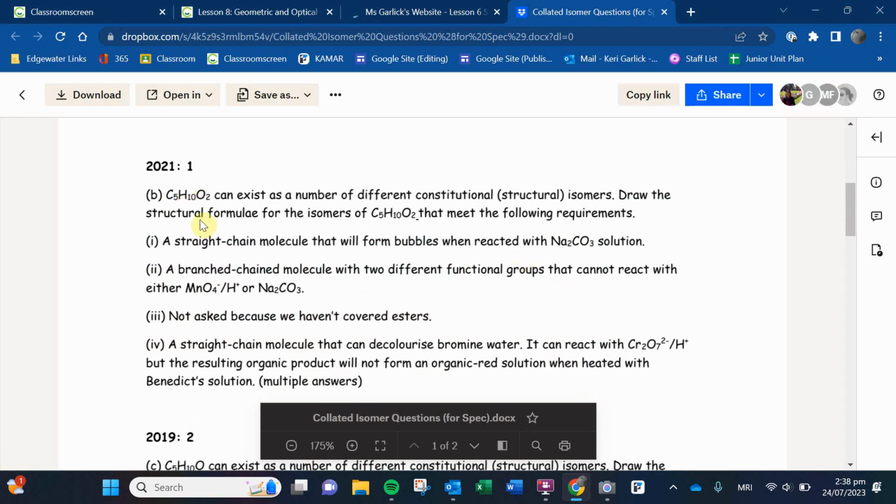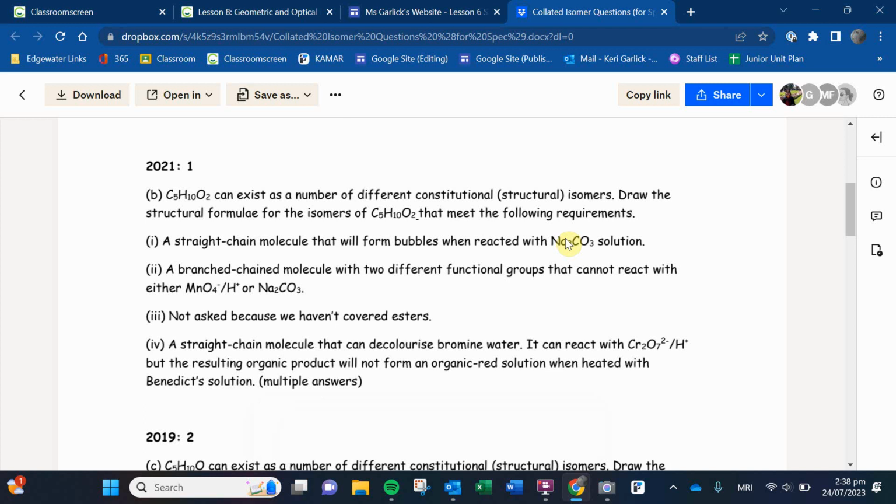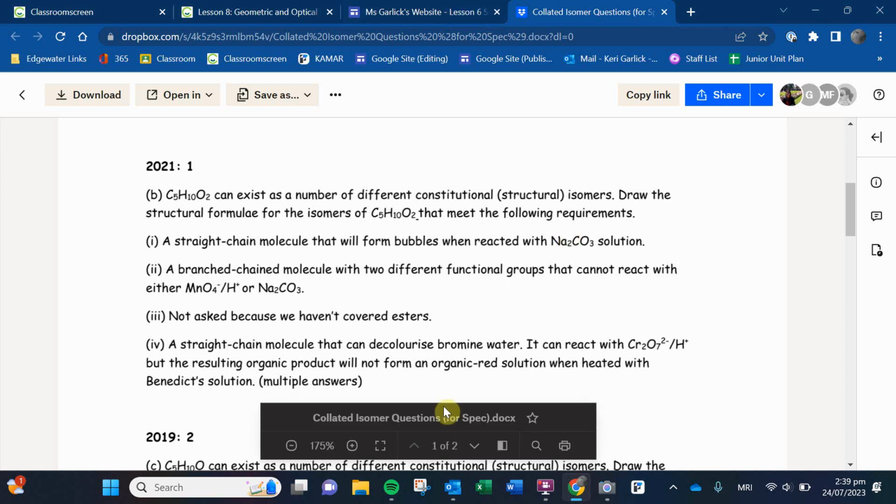You were given a formula, and then you were given descriptions of what the molecule is based on how it reacted. For an achieved, you basically identify one of these molecules. For the merit, it usually was about half of them or maybe 3 of them. And for the excellence, you got all of them. So no written explanation, just figure out what the molecule is, very similar to spec work. Yeah, this is for the external. So it's very puzzle-like. That's what they mean by some or all of the molecules.